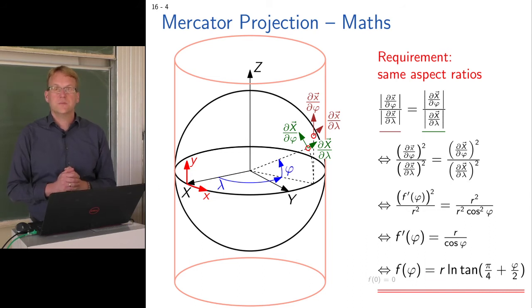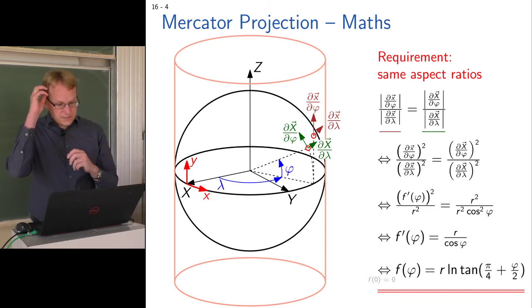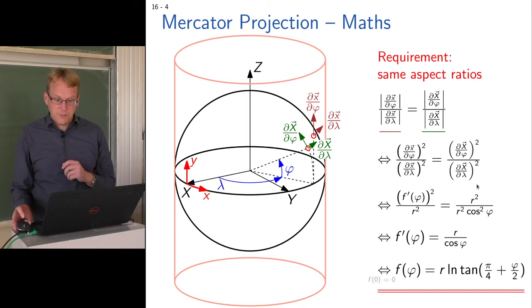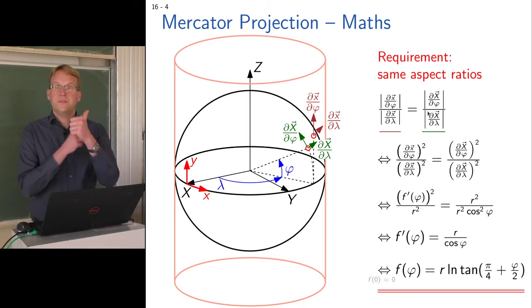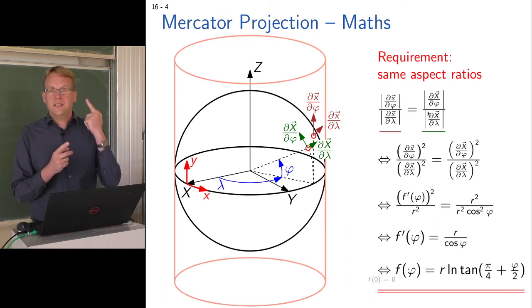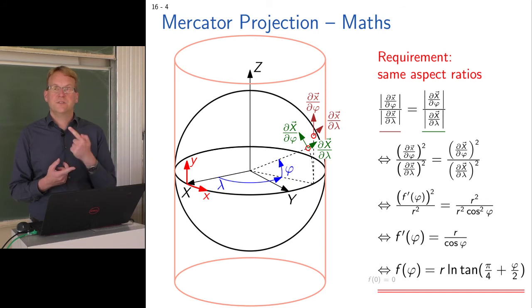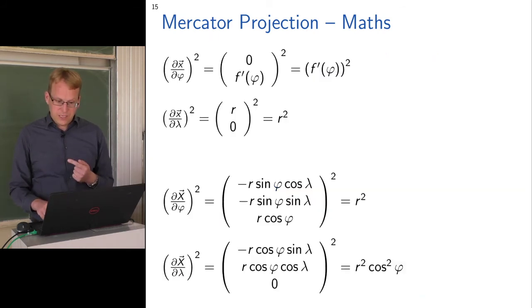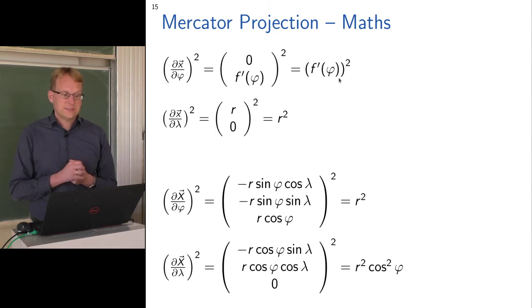What did we do? We defined a requirement, namely we want to preserve the aspect ratios. Then we said we want a map projection from the family of cylindrical projections. That's how we had this dx by d phi.